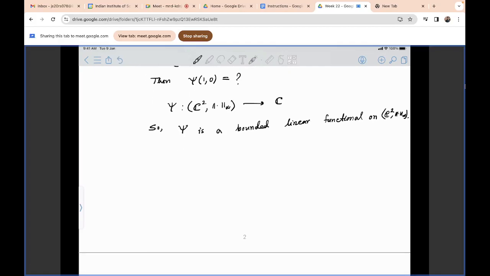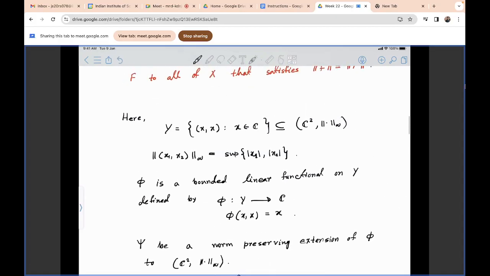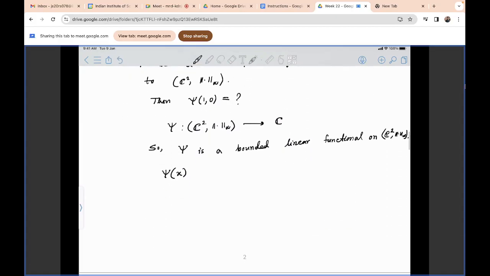So let's take some element z = (x, y) and evaluate psi of z. These x and y are complex numbers, so this belongs to C2.